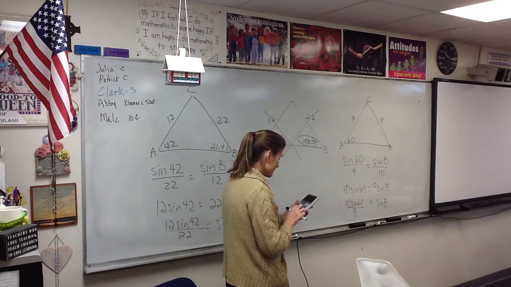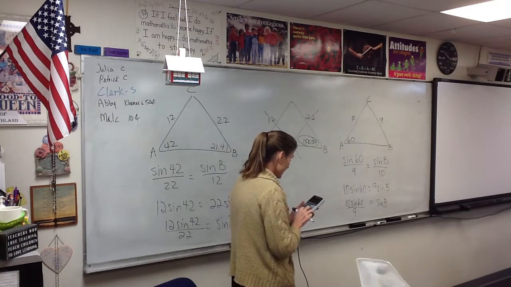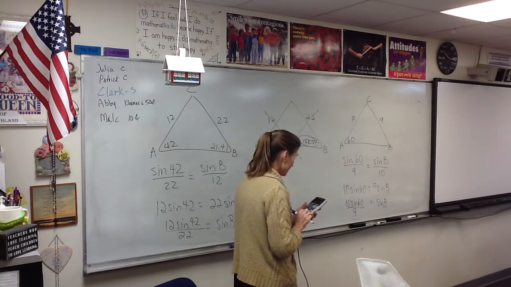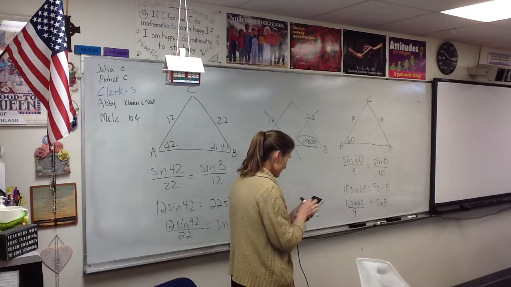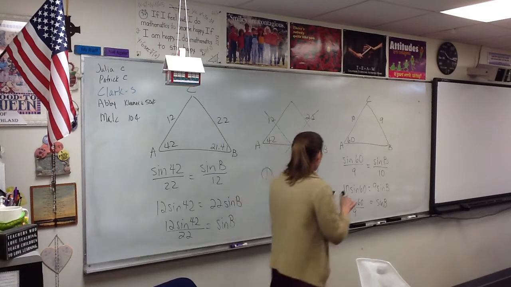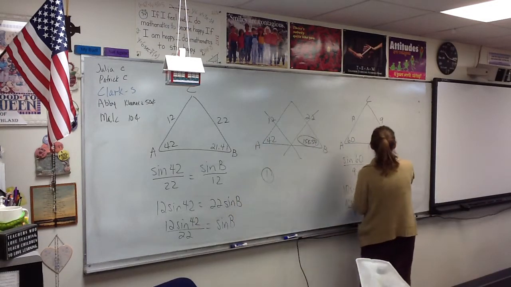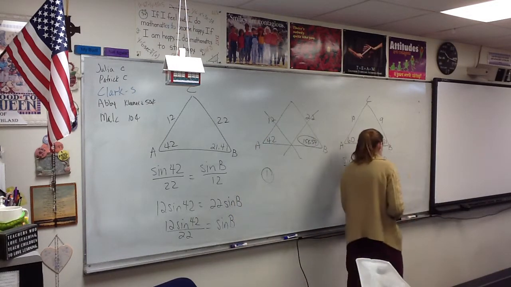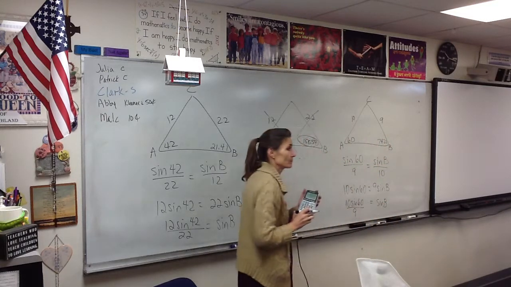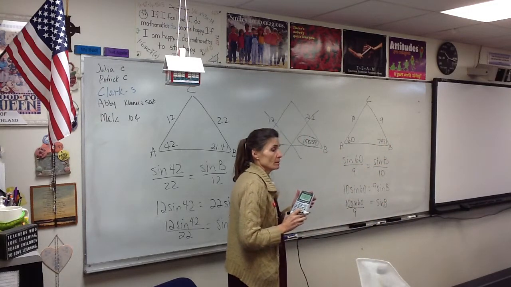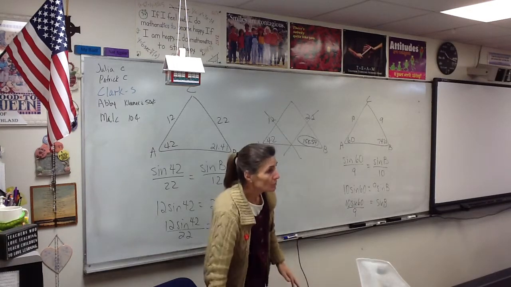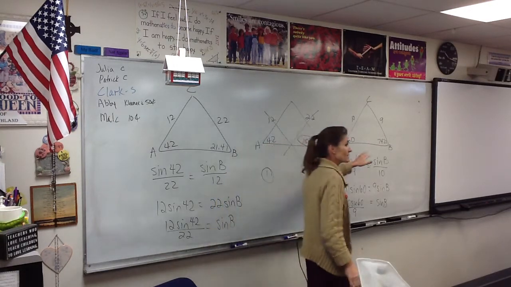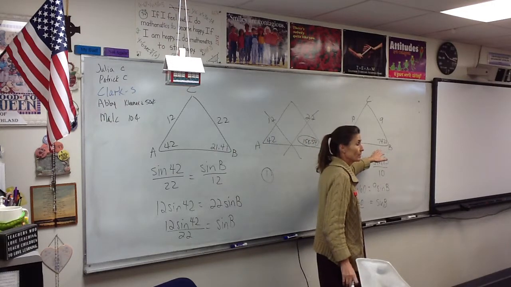10 sine 60 divided by 9. Second sine, second answer. I got 74.21. Tell me if you match. Now, what do I do? Once I get my first answer, what do I do? 180 minus 74.21.